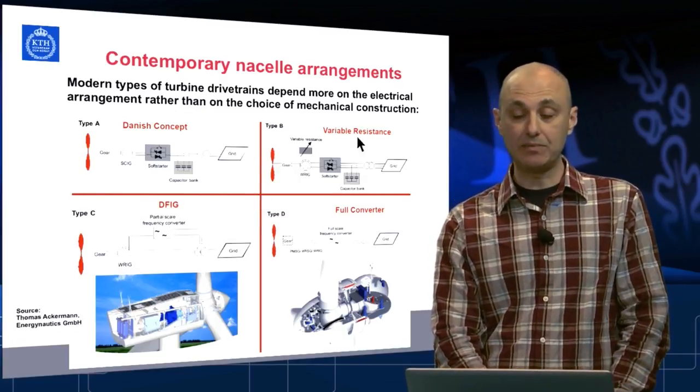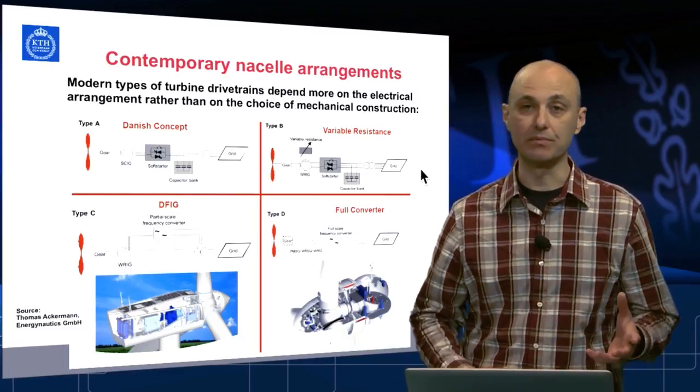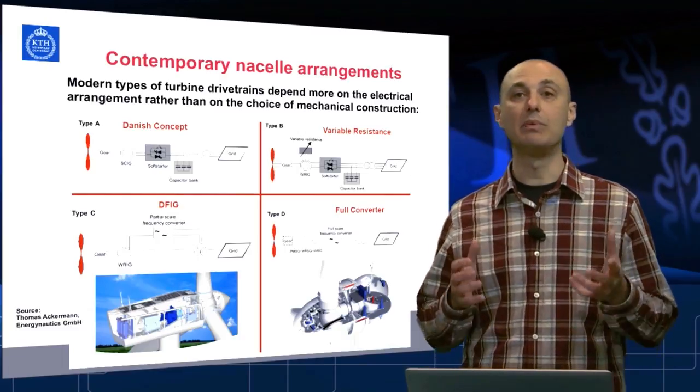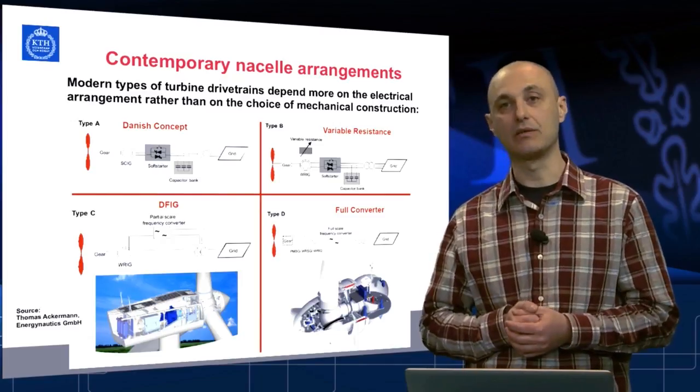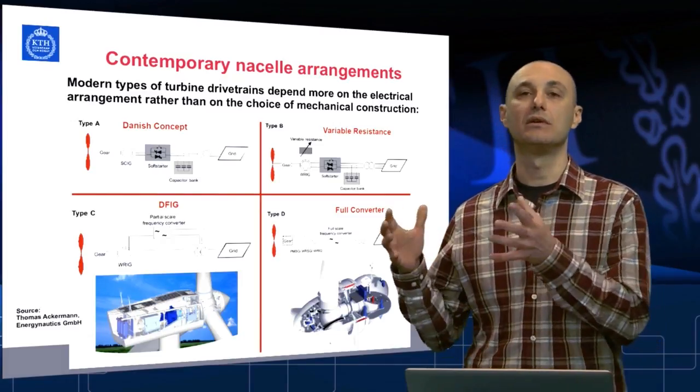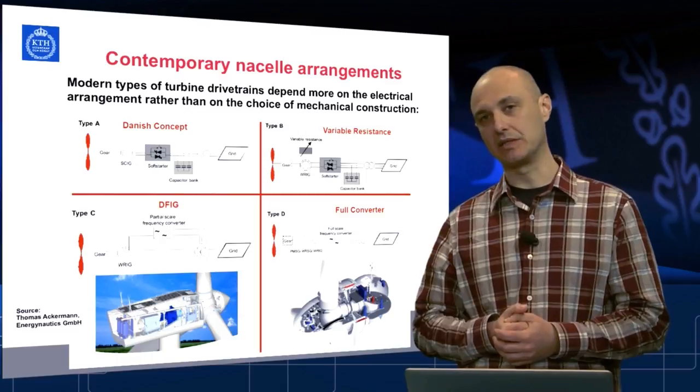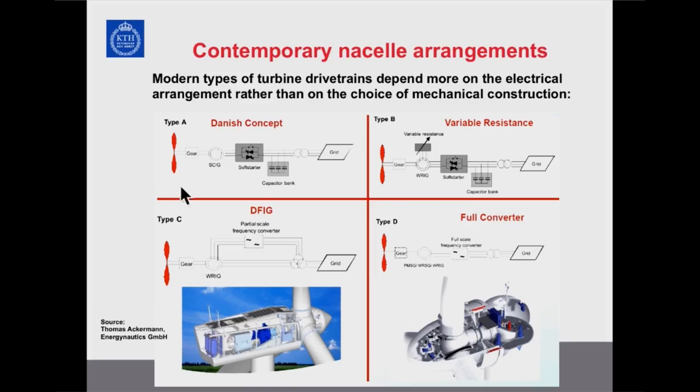The four main types are divided not in terms of mechanical engineering, but in terms of electrical components and type of connection to the electrical grid. The simple Danish concept that we talked about, both examples that we showed before, actually belong to the simplest, most robust, so-called Danish concept, the first generation wind turbines.